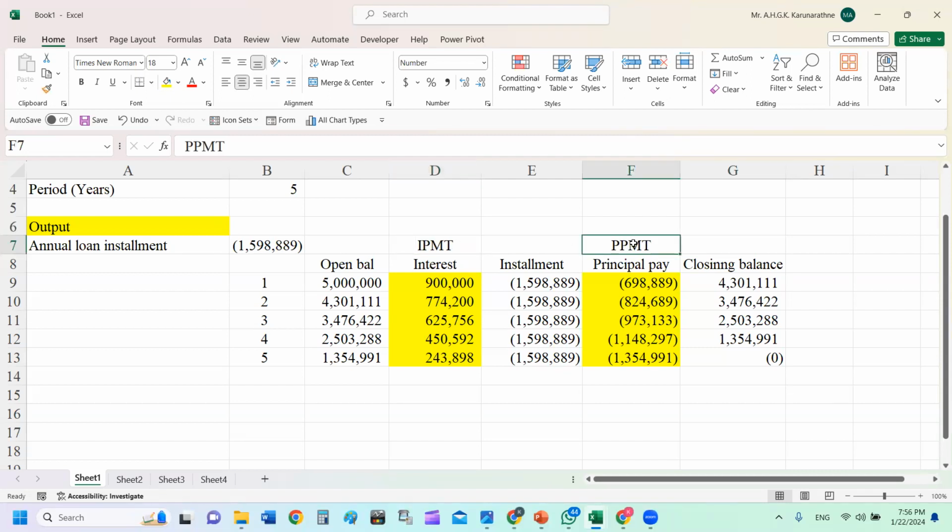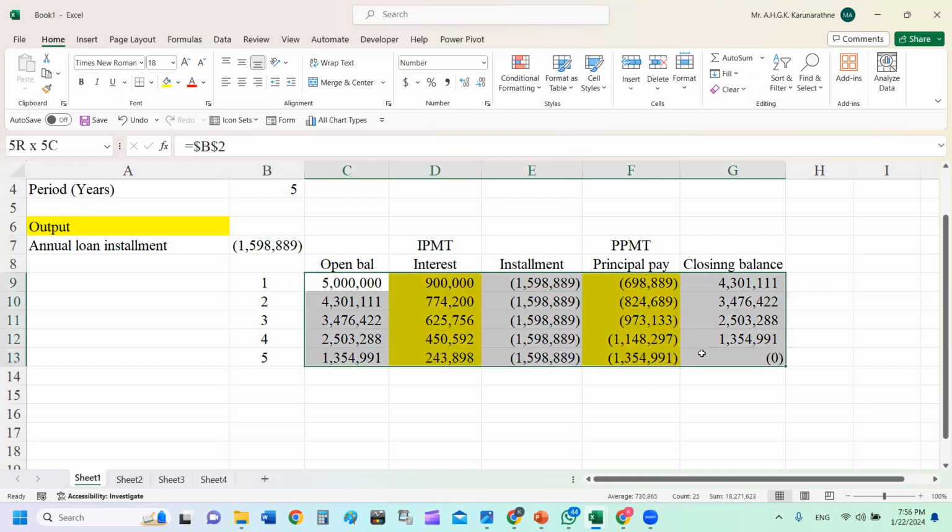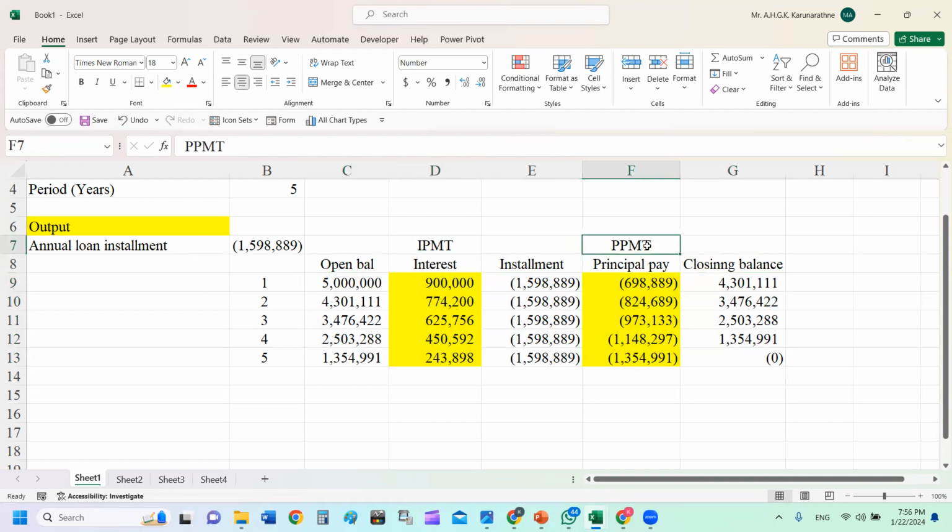If you want to enhance your knowledge at leisure, you can try IPMT and PPMT and find out how to compute interest payment and principal payment. But I suggest you only go with PMT and determine the installment. Thereafter, you can easily develop your loan repayment schedule without IPMT and PPMT. So the PMT function is important.